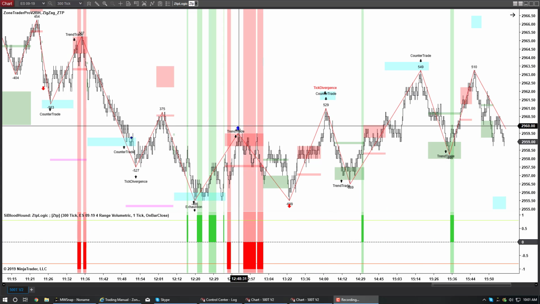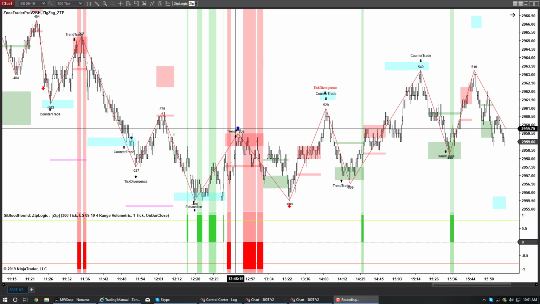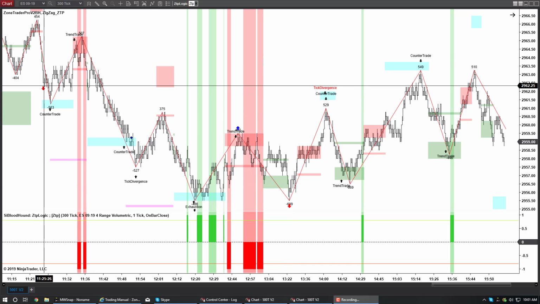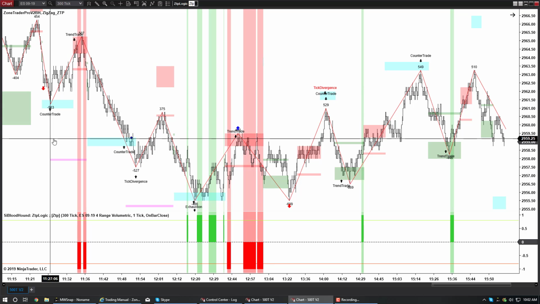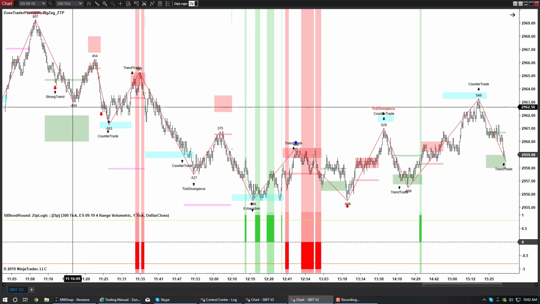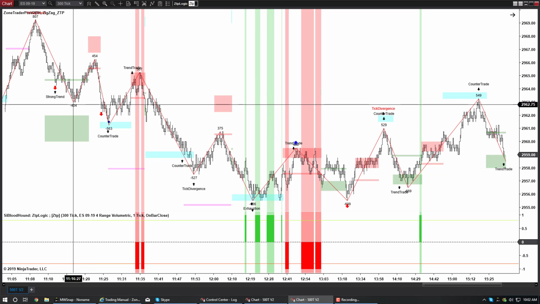On the chart here, we see a blue up arrow. On the chart here, we see a red down arrow. Same for over here, a red down arrow. And what that is saying is we are looking at the previous low tick here of negative 404.